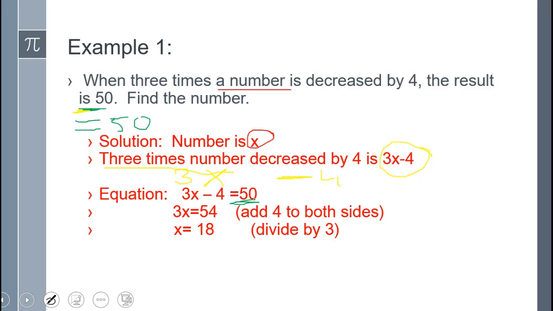That's an equation to solve, just like in the first couple lessons in this unit. I add 4 to both sides, and then I get x is 18. So now we need to go back and make sure we answered the question. It said find the number. I said the number is x equals 18. That is the number. So that's an example with just a number problem.